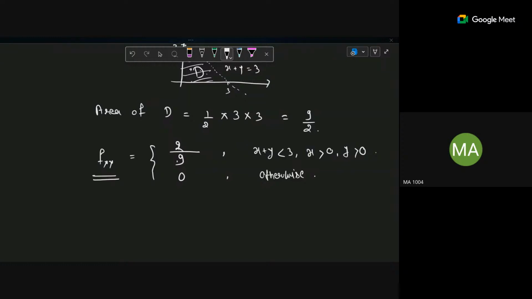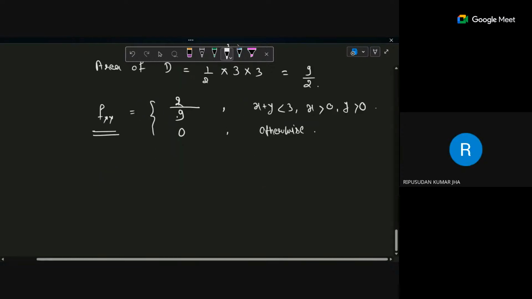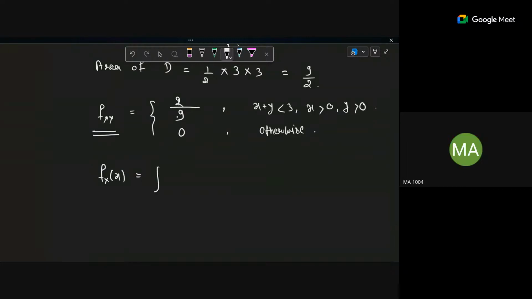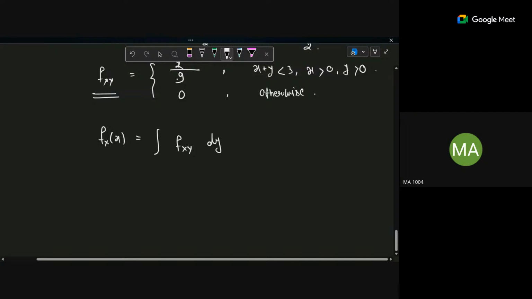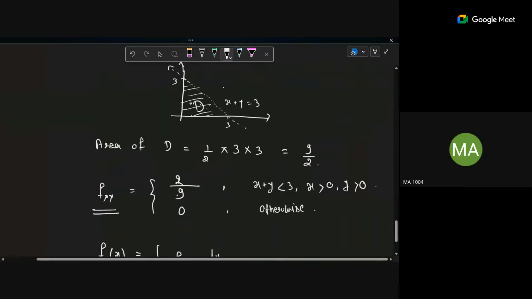So for f_X of x, what is the formula for marginal density? Integrate with respect to dy. But what limits? 0 to x minus 3.